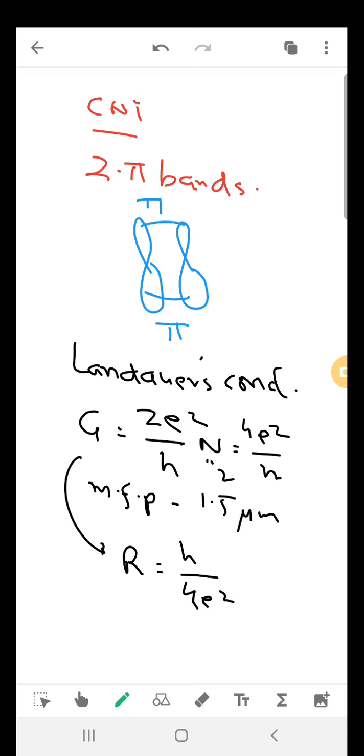Now if we increase the length of the carbon nanotube, there will be an effect on the mean free path, an effect on the resistance offered to the electrons in the carbon nanotube.